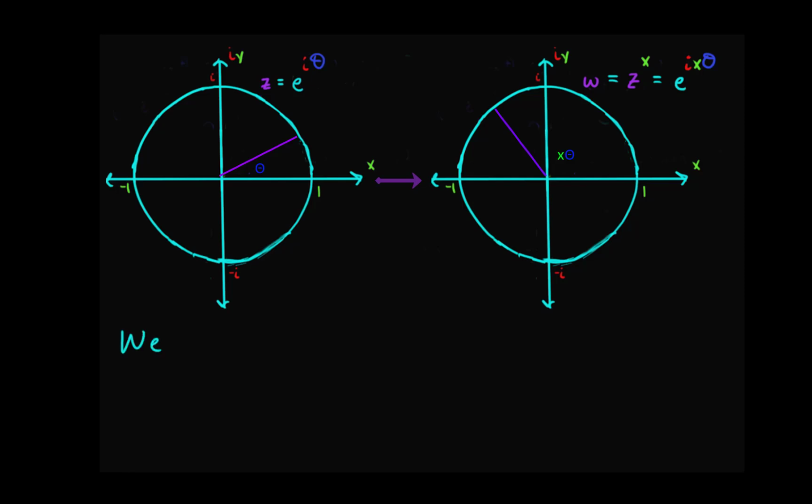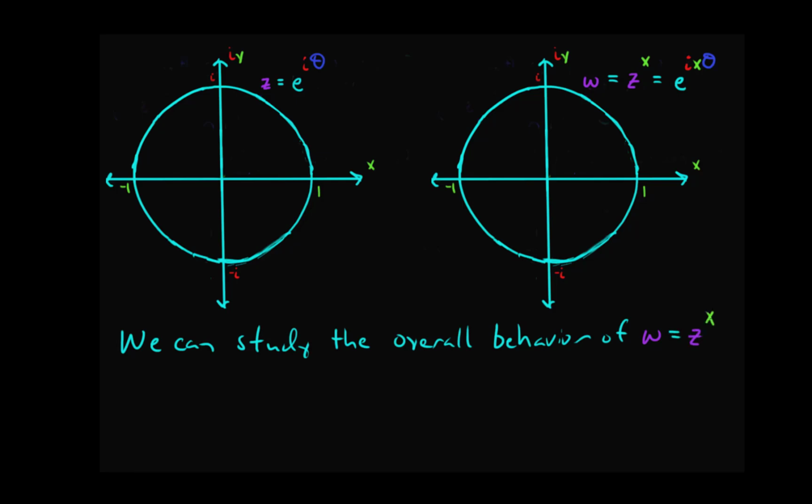And so by studying the behavior of the function w equals z to the x just on the unit circle, again, this is a function from one two-dimensional space, the complex plane, to another two-dimensional space. But we're just looking at the behavior of the function on this particular contour, on the unit circle. By doing that, however, we can ignore what's happening to the modulus of z because that's fixed to equal 1.